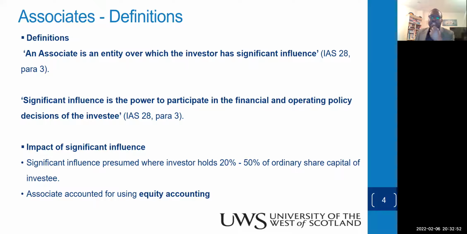Under IAS 28, an associate is simply defined as a company over which we have significant influence as a parent. Now significant influence here deals not with the power to control, but the power to participate and make some critical decisions in their financial and operational activities. Sometimes it's tricky because significant influence can lead to control.